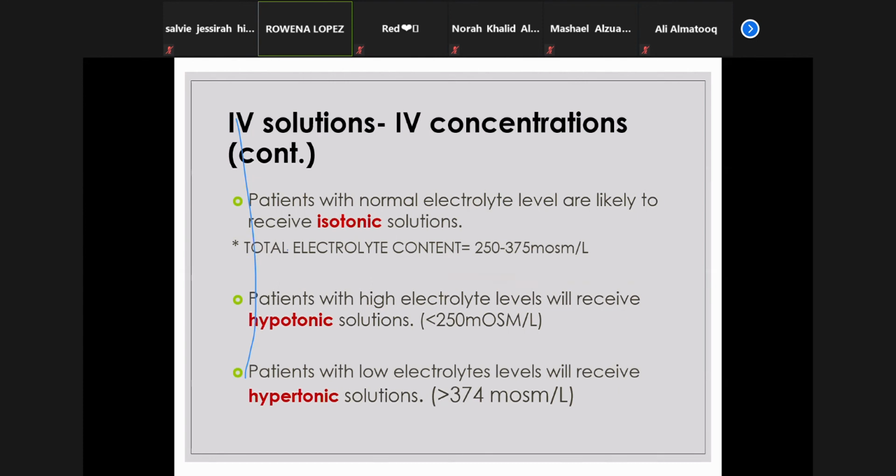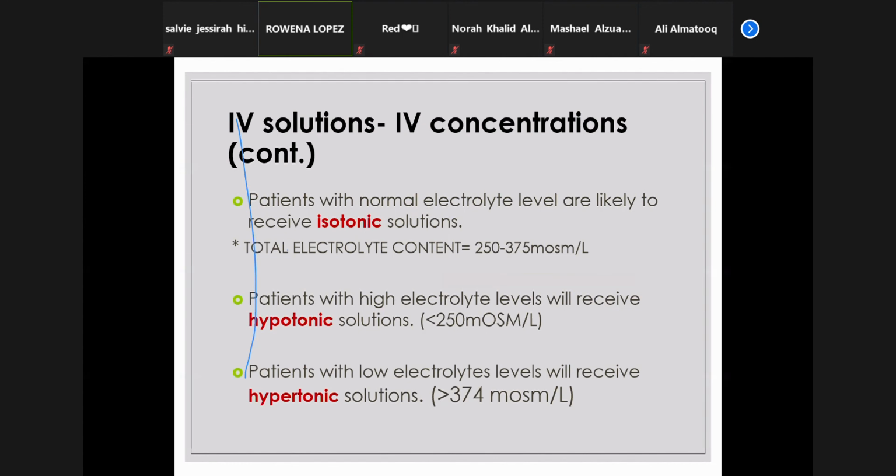So how will you identify that it is an isotonic solution? By looking at the label of the IV. If it is 250 to 375 mOsm per liter, that is an isotonic solution.